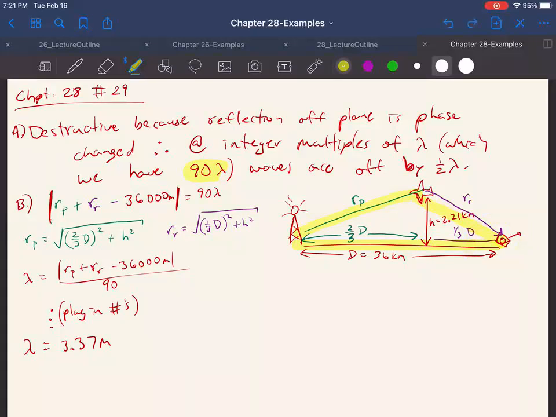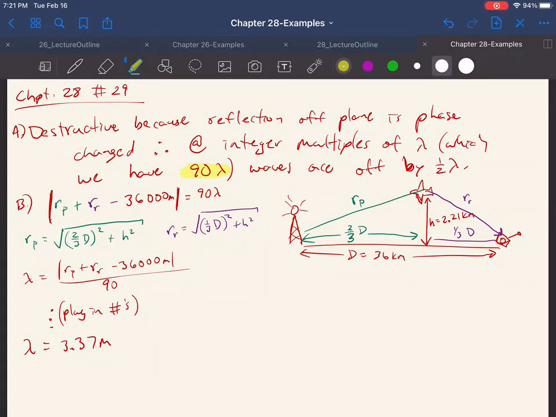Well, they're off by an integer number of wavelengths, this 90 lambda. However, when the radio signal bounces off of the airplane, it's going from air, which has an index of refraction of 1, and then it's bouncing off the airplane, which has to have an index of refraction higher than 1. And so therefore, we're going to get a phase shift because it's going from high speed in the air to low speed inside the plane.